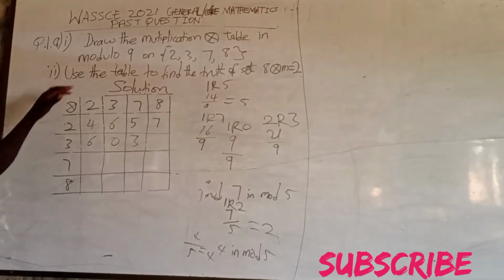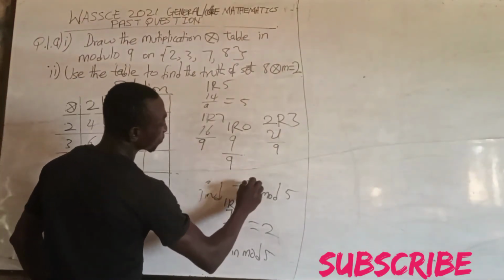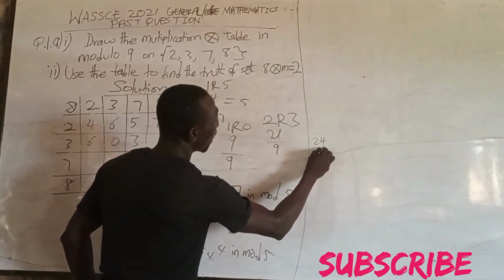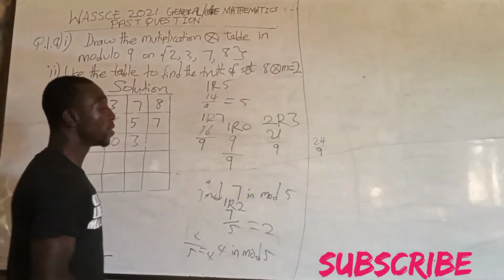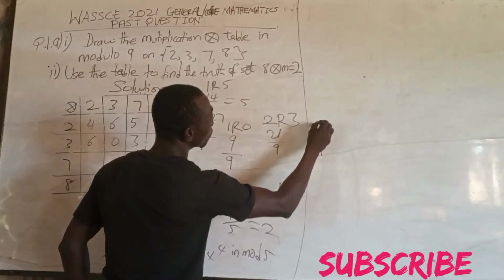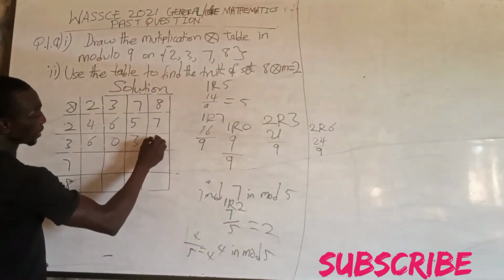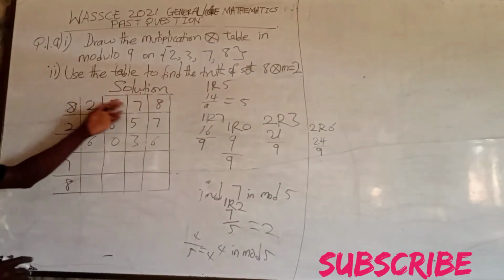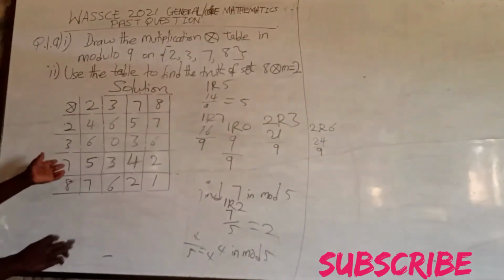Next, we have 3 times 8, and that is 24. 9 will go into 24 twice with remainder 6. Therefore, 6 is the interested result. So we move like that throughout. Therefore, we have the table.